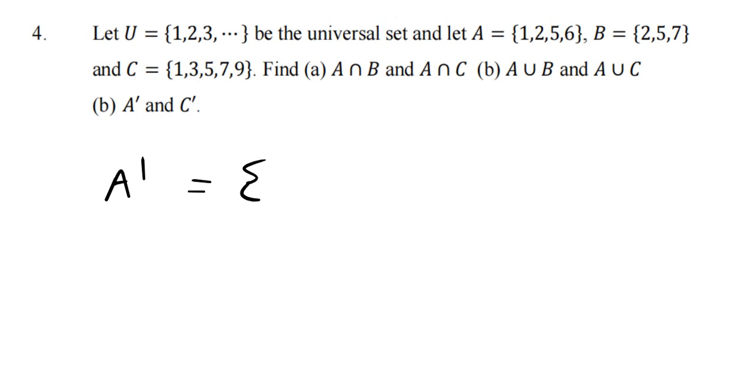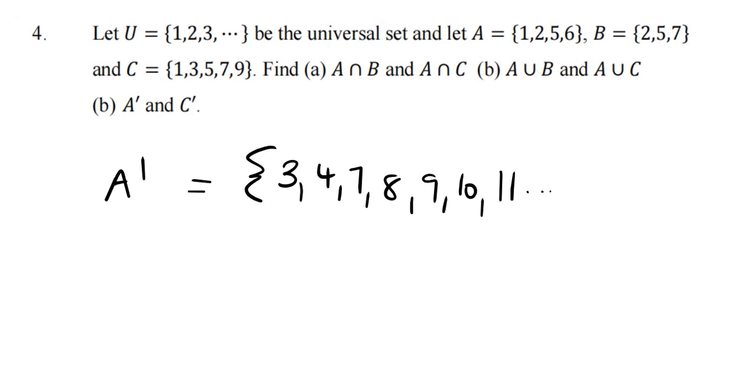The universal set we've been given is 1, 2, 3, and so on until wherever we are ending. So A complement: 3 is not in A, 4 is not in A, 7 is not in A, 8, 9, 10, 11, and I can keep going like that. Okay, so that is A complement. What about C complement?